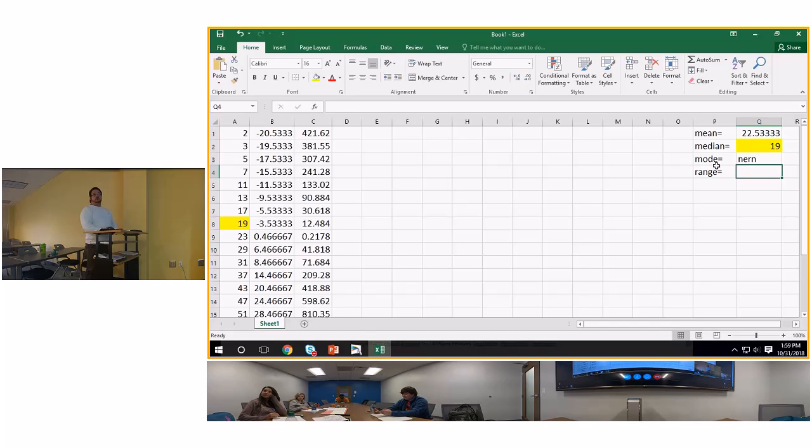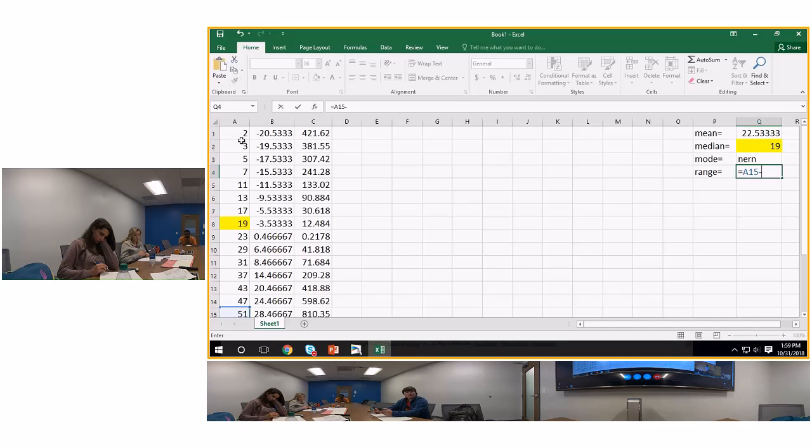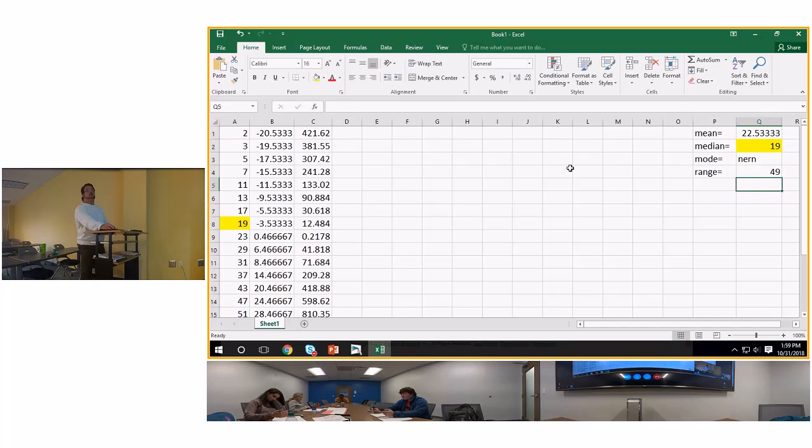Range is equal to the highest minus the lowest. And the mid-range, which we're going to use on our 5-number summary, is equal to the highest plus the lowest, divided by 2.